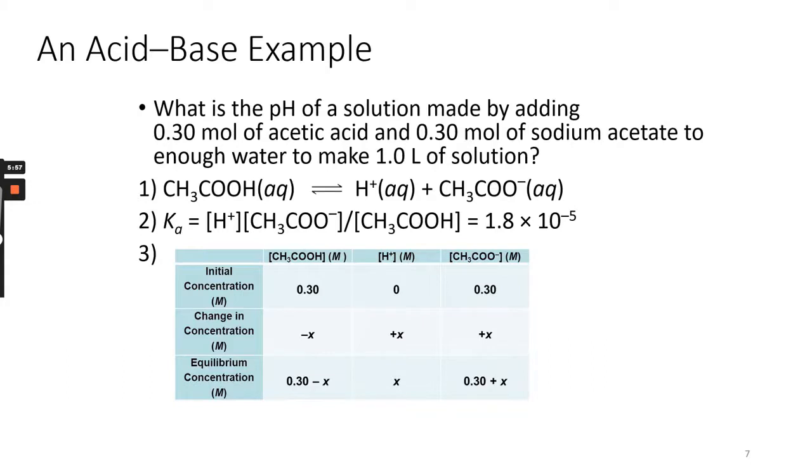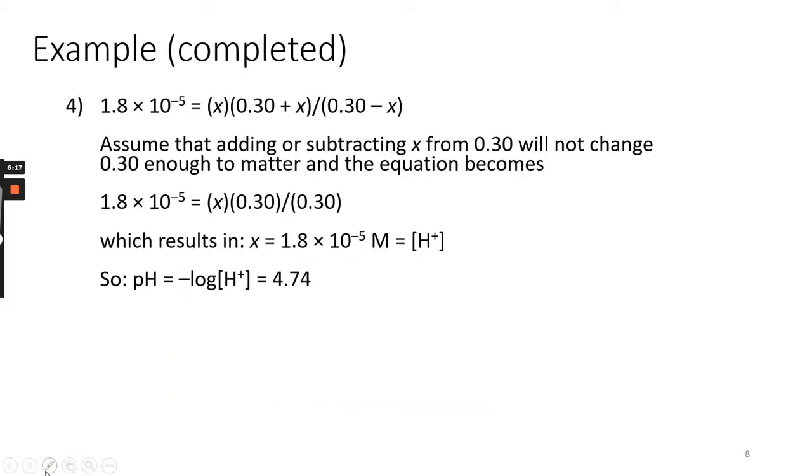We have 0.3 molar of acetic acid, 0 of hydronium, and 0.3 moles or molar, since it's in 1 liter, molar acetate. Okay, as the reaction proceeds, we're going to change it by this X value. Assuming that the minus X's and the plus X really make no difference, plug everything in, we get that X is equal to 1.8 times 10 to the minus 5. That's our H+ concentration, so we take the negative log of that and we get 4.74.